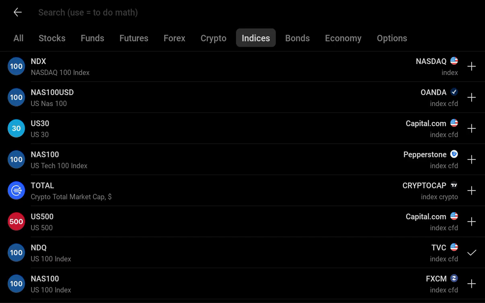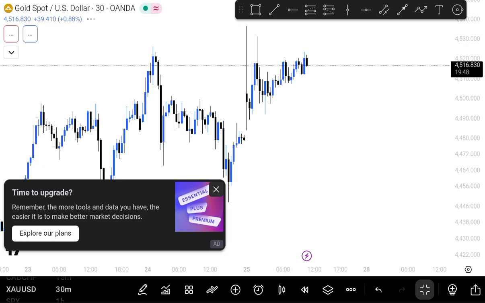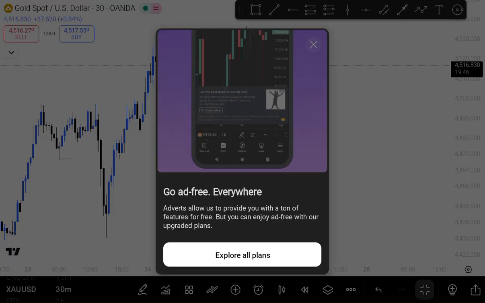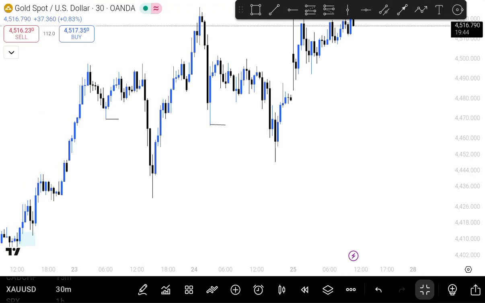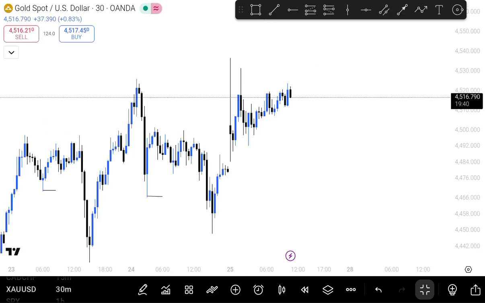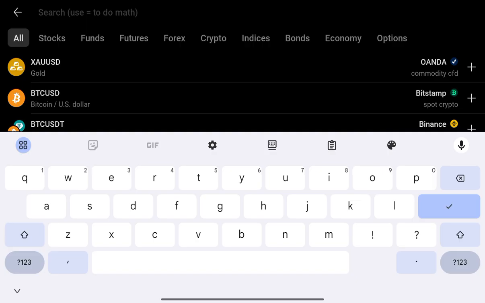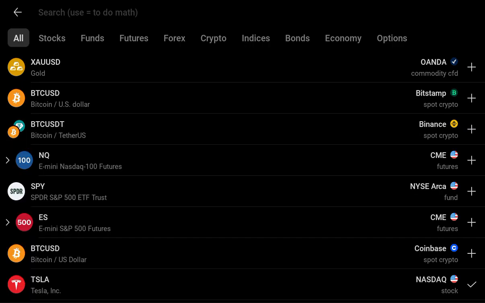So all these are called indices. We also have another one that we call the metal. That is gold. If you want to trade gold, you can see this is gold. This is XAU USD. That is gold against the United States dollar. So all these are the trading pairs that we trade.